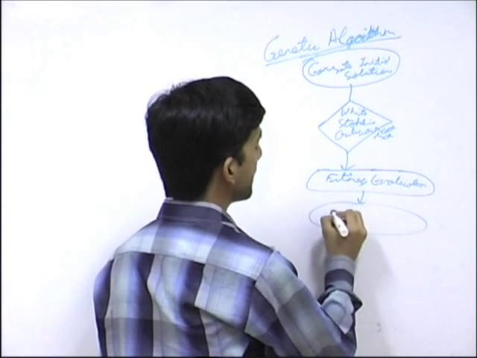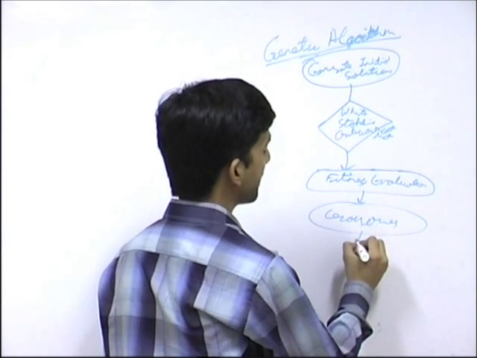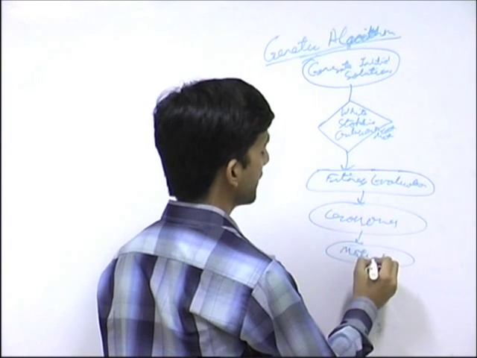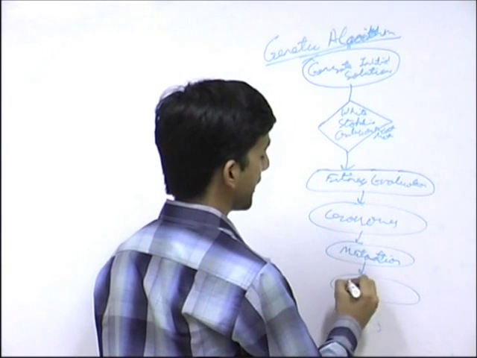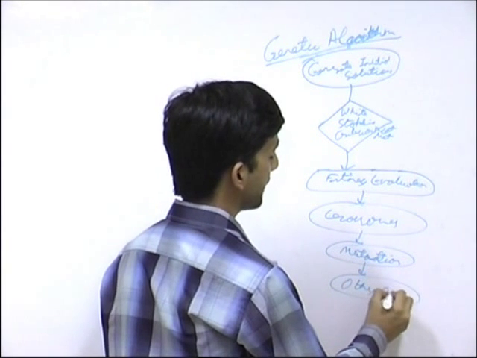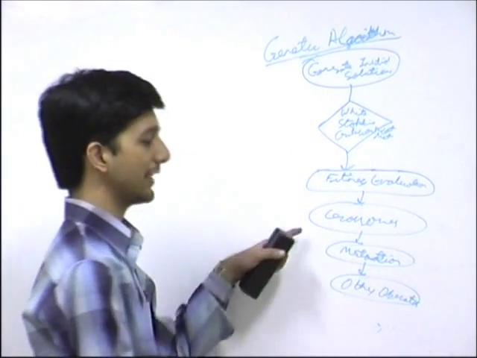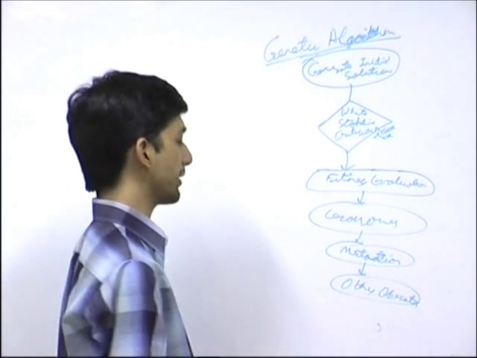I apply two famous operators that we will be dealing with later. They're known as crossover and mutation. Sometimes there are some other operators that are applied. So this list is not exhaustive. You can have any number of operators applied in parallel or one after the other on any mechanism.